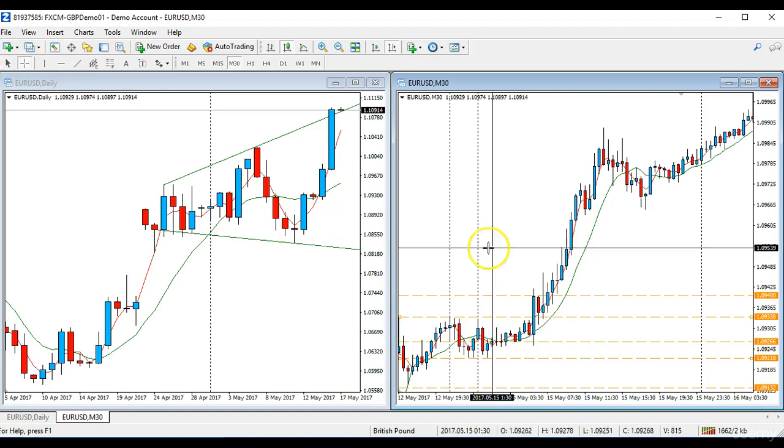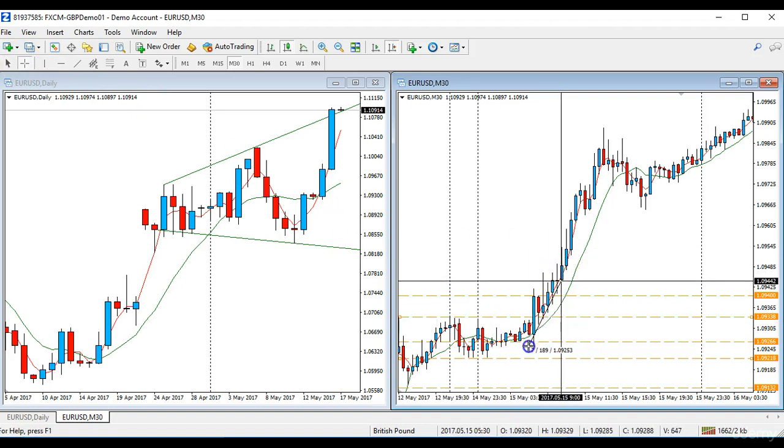So we can see here the middle number there, it says 187. It's actually 18.9. So the stop loss would be about 18.9 pips plus the spread which you pay on the euro dollar, which is probably about 1.5 to 2 pips. So that's a stop loss of about 20 pips.